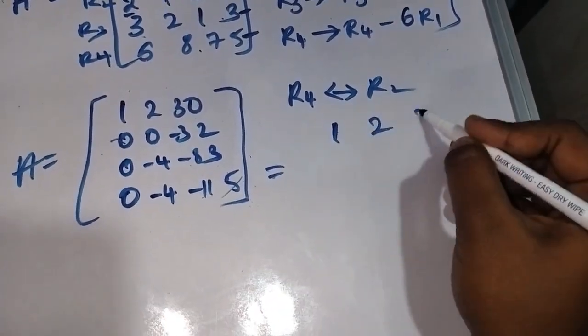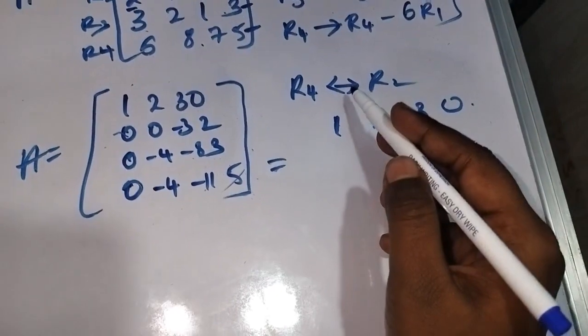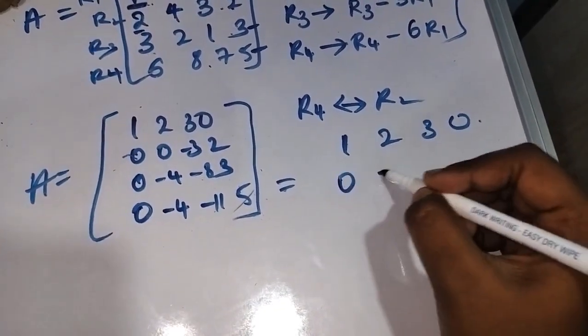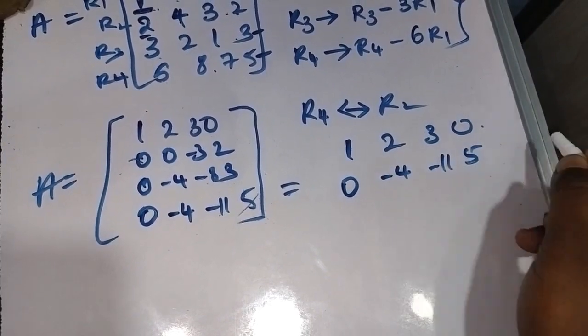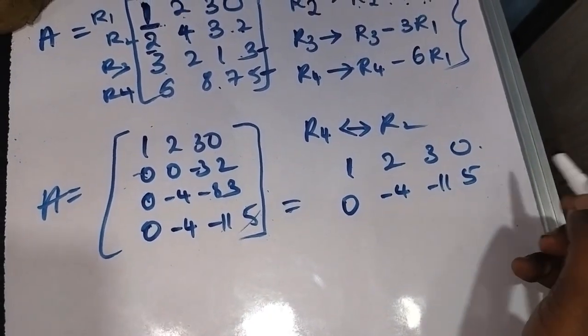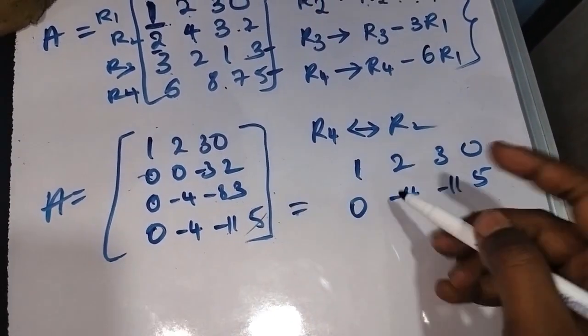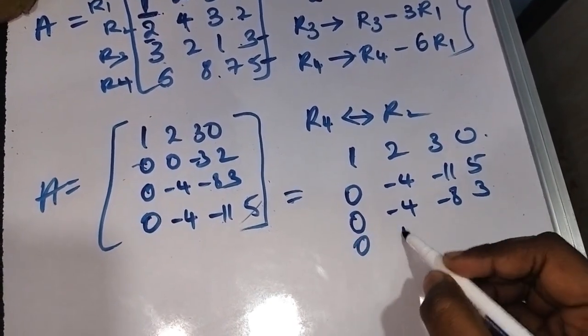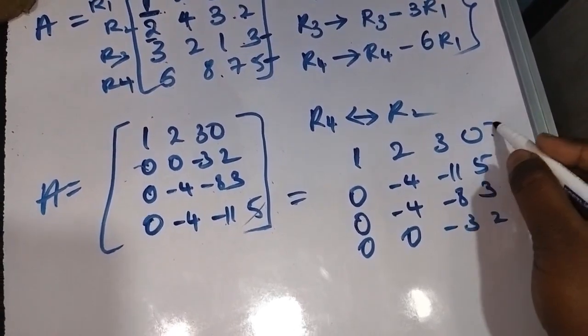1 2 3 0, and R2 is interchanged with R4. 0 minus 4 minus 7 5, and next 0 minus 4 minus 8 3, 0 0 minus 3 2.